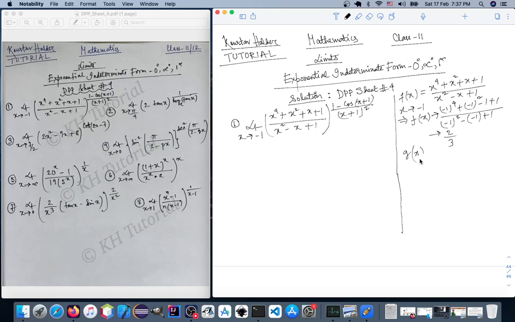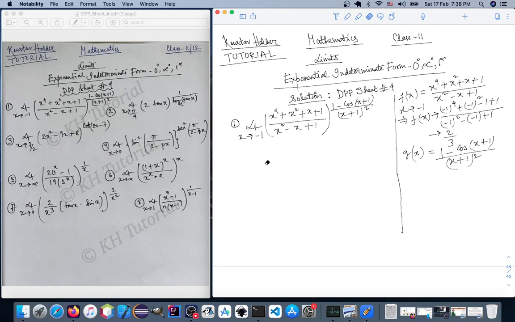So here g(x) equals the power. Now limit x tending to minus 1 of g(x).